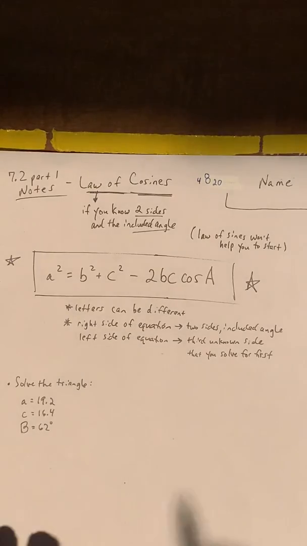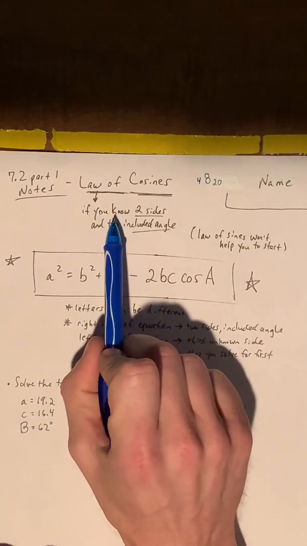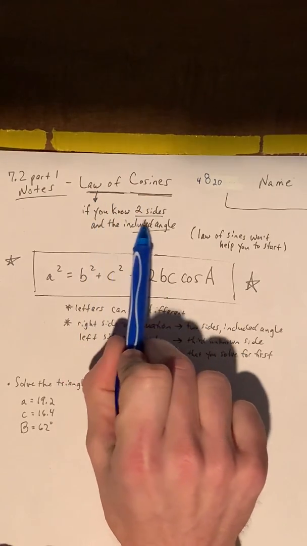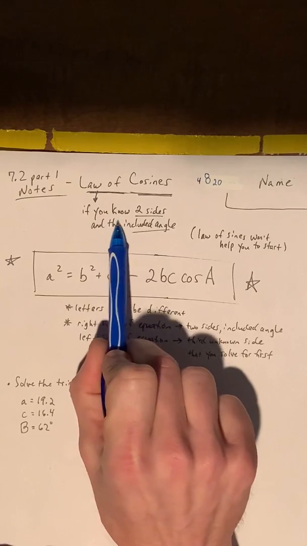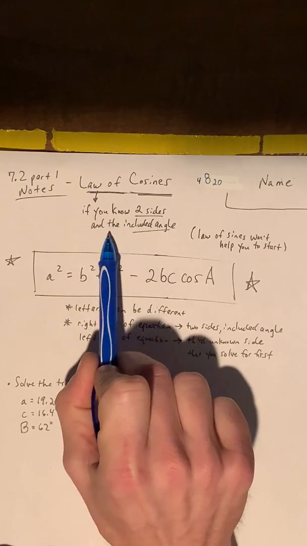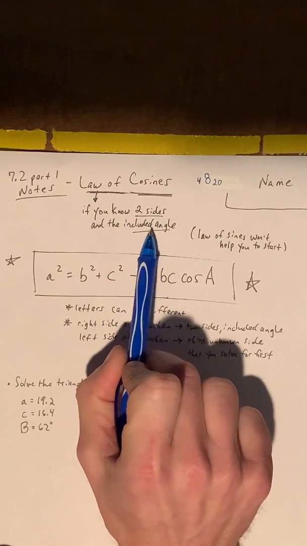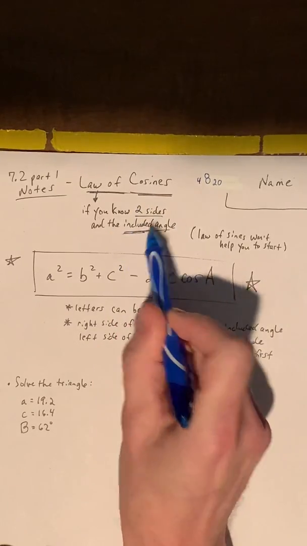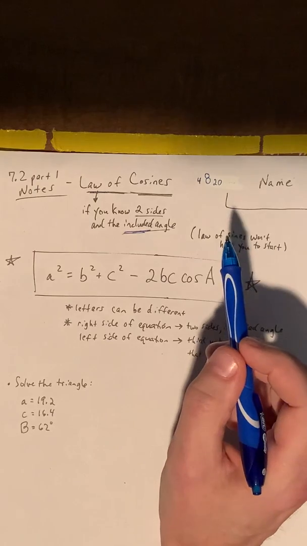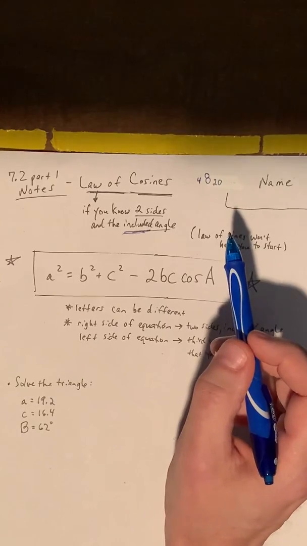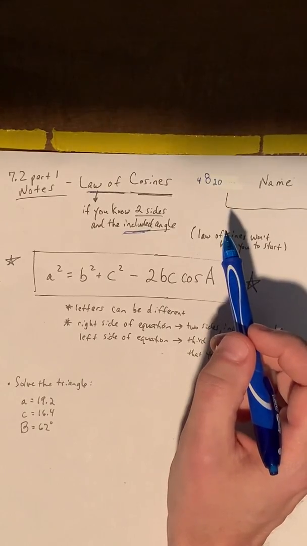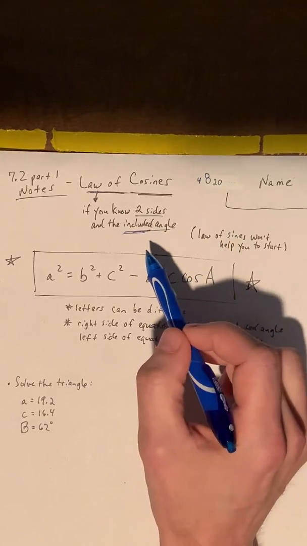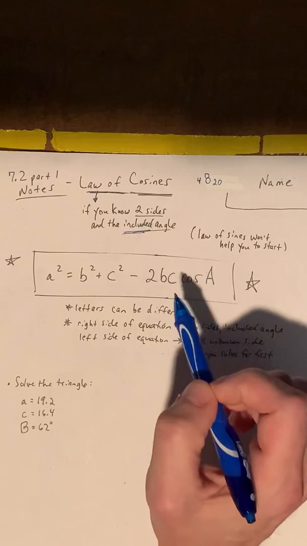In part 1 today, what we're going to do is use the law of cosines, and we're going to be given this information. We're going to know 2 of the side lengths, and we're going to know 1 of the angles. Now that angle that we know is the included angle. And like we talked about in section 7.1, remember the included angle is the angle in between the 2 sides.